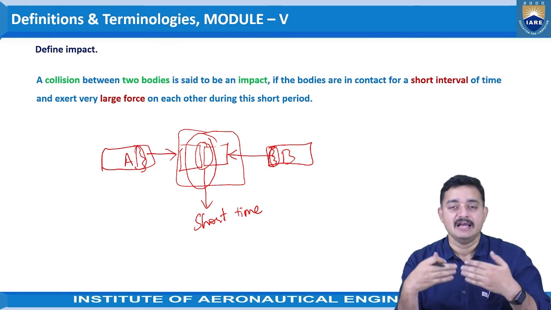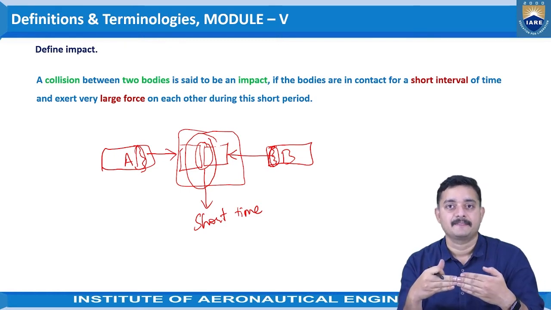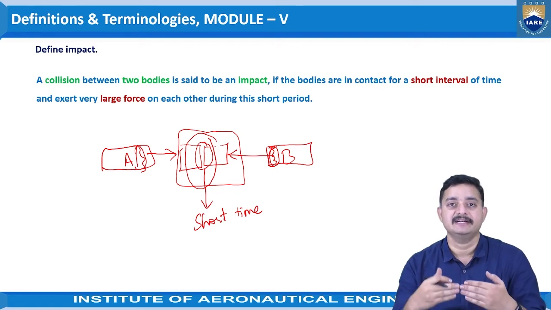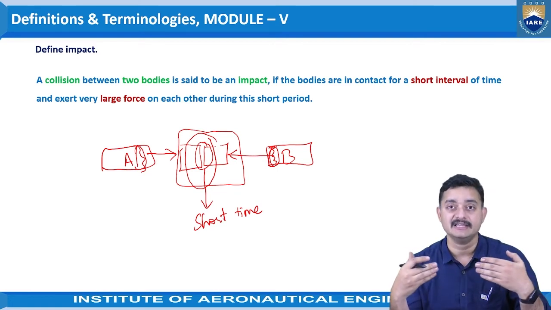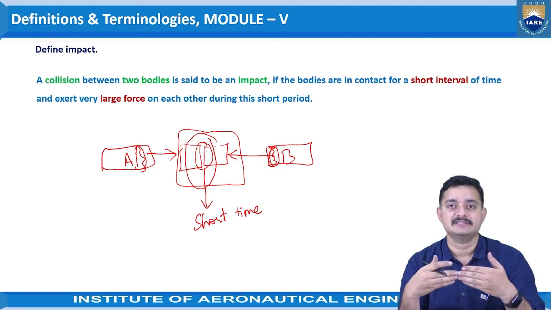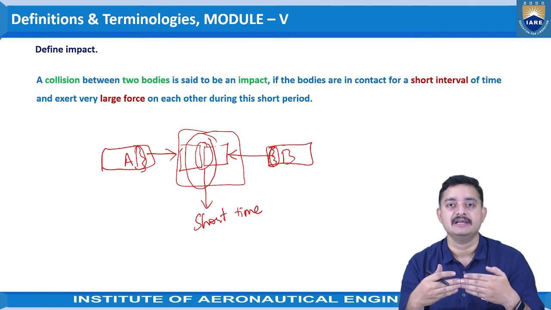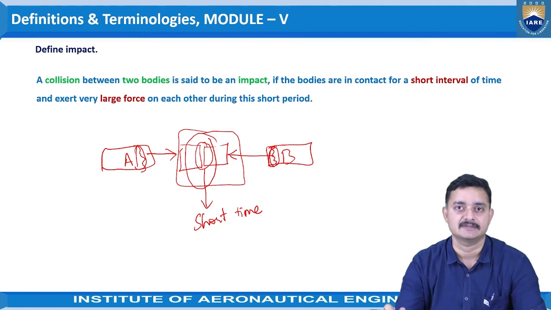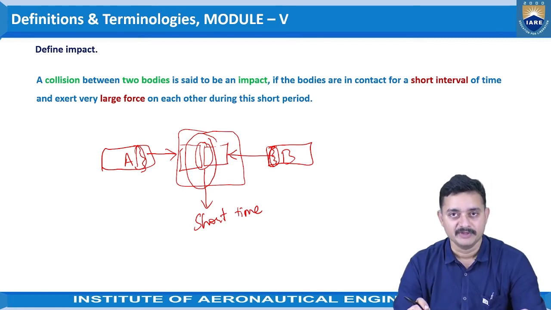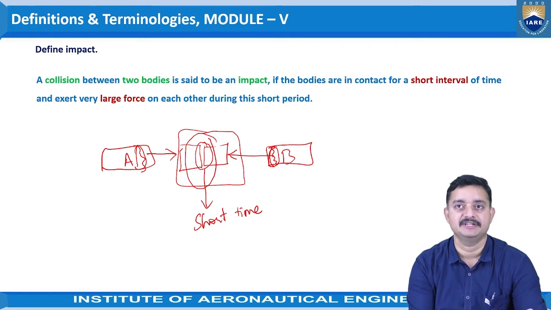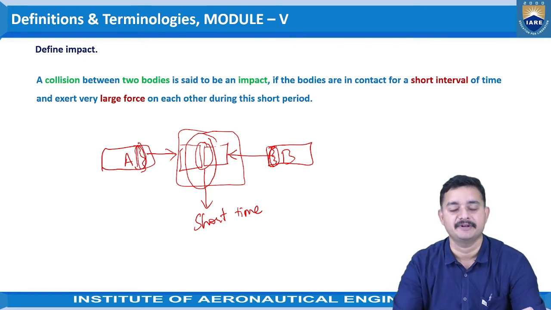In this deformation time, the forces will be exerted by one car onto the other in a direct manner. Those forces will be very large forces involved in this collision, and one car is applying a greater force onto the other car. Because of this, the deformation of the car is happening.